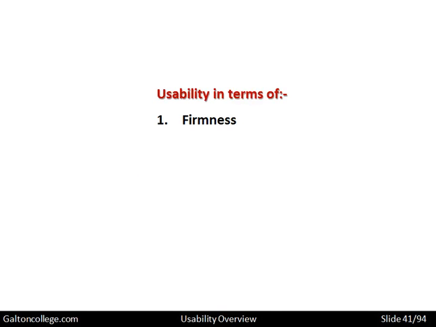Now, usability in terms of firmness. Well, this means that the site is solid. It doesn't have errors built into it. It doesn't have poor design. It doesn't have broken links, and it doesn't have poor navigation.